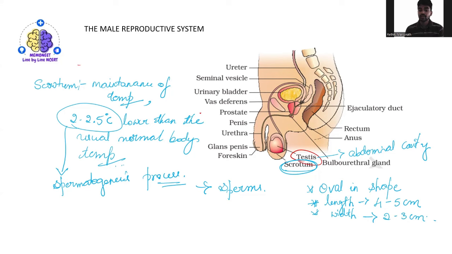The testis is covered by the scrotum, as I have told you. Inside the testis, you will again see some compartments. Each testis will have around 250 compartments.